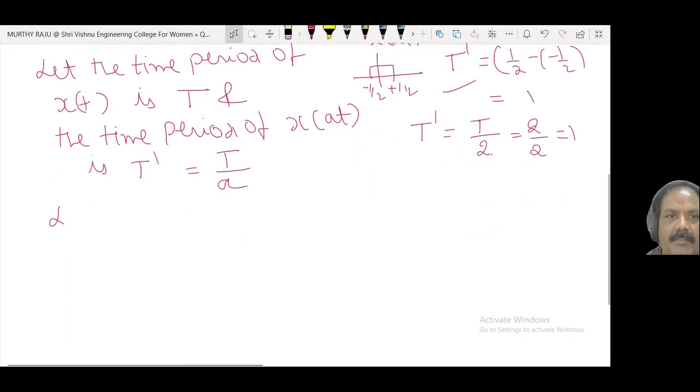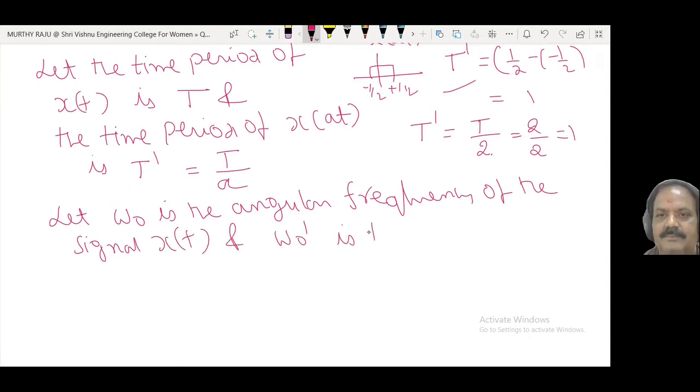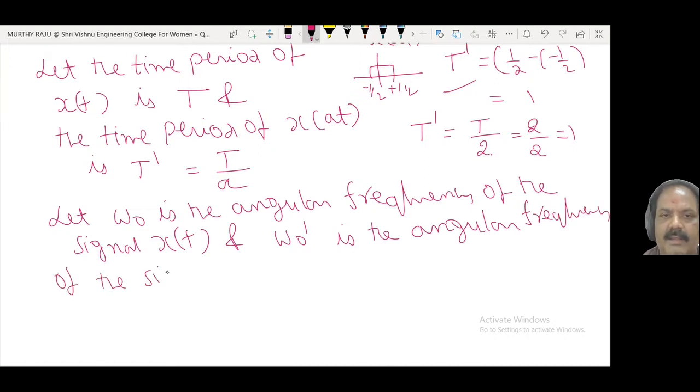Let omega naught be the angular frequency of the signal x of t, and omega naught dash be the angular frequency of the signal x of at.